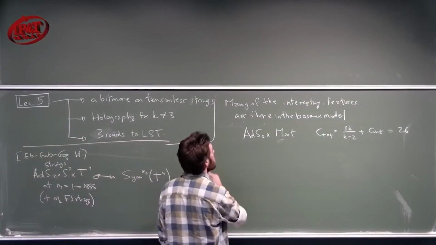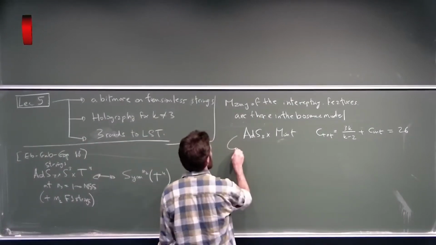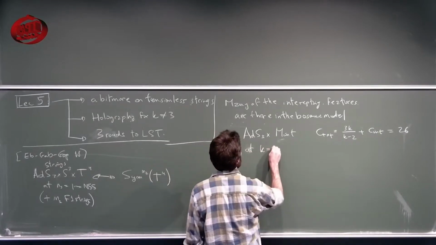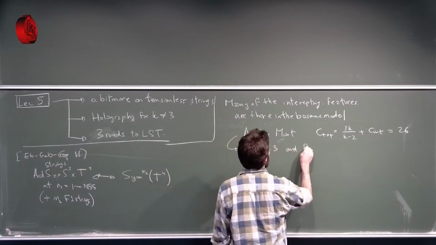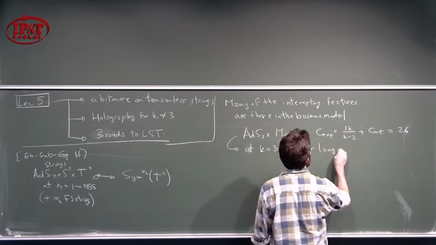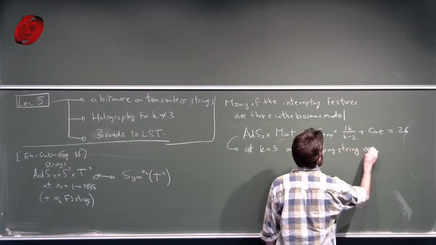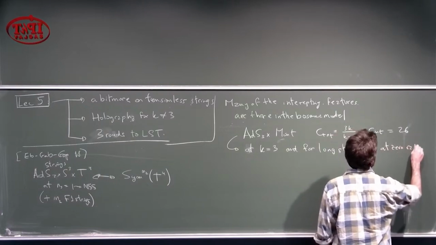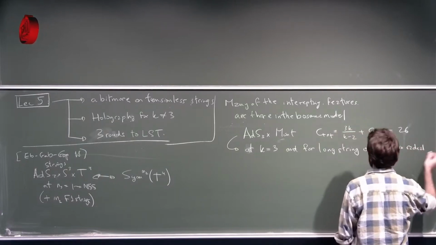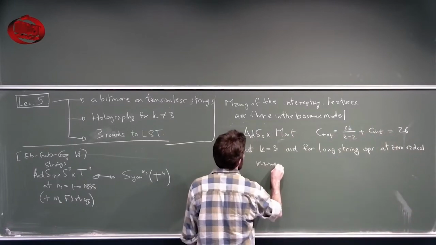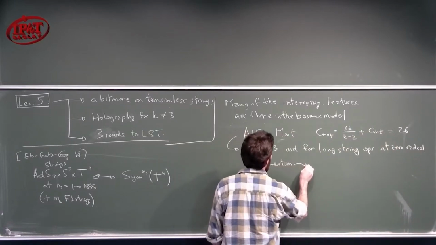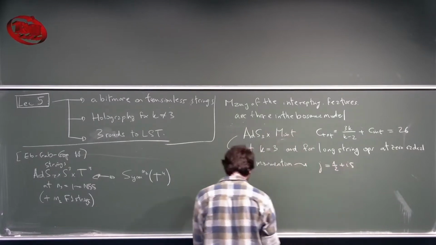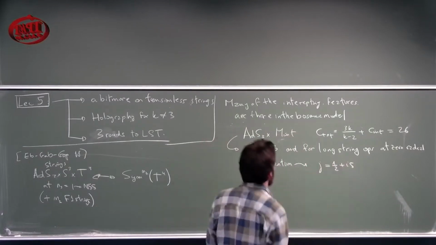And I argued that most of the interesting features in this limit survive at k equals 3, and for long string operators at 0 radial momentum, which means that j, which is usually 1/2 plus is, where s is the radial momentum, so this is not here.